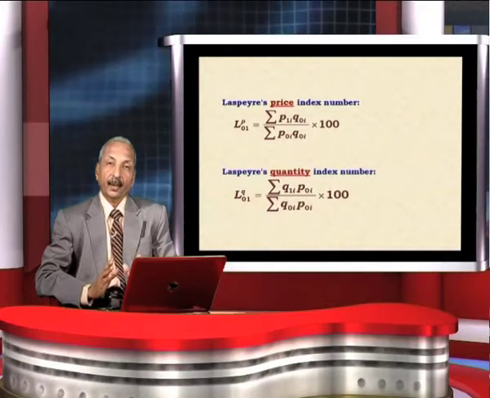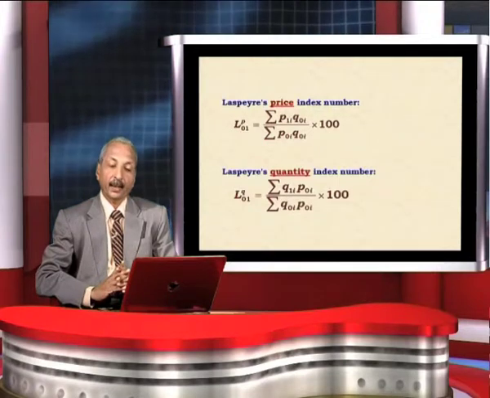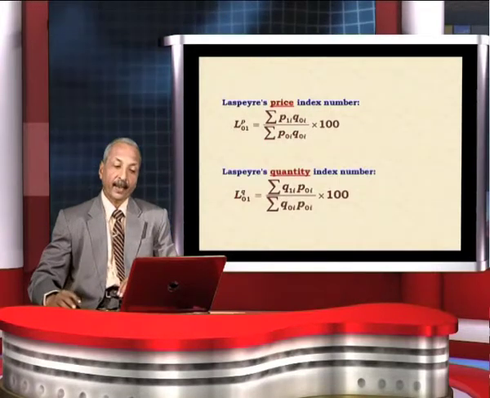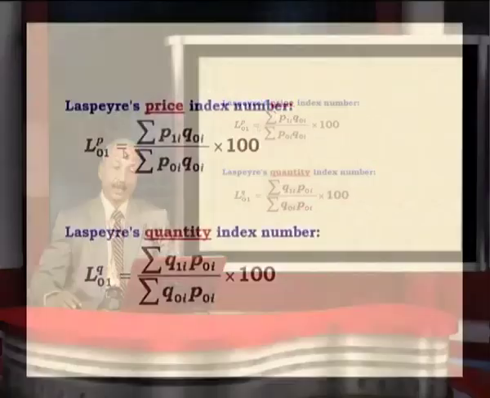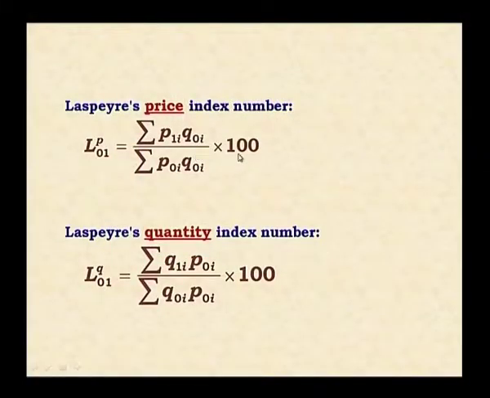For example, if we are considering the Laspeyres index number, then the Laspeyres price index number formula is given by this, as we have discussed earlier, and the Laspeyres quantity index number, which is denoted by L01Q, will be equal to sigma Q1i times P0i divided by sigma Q0i times P0i.